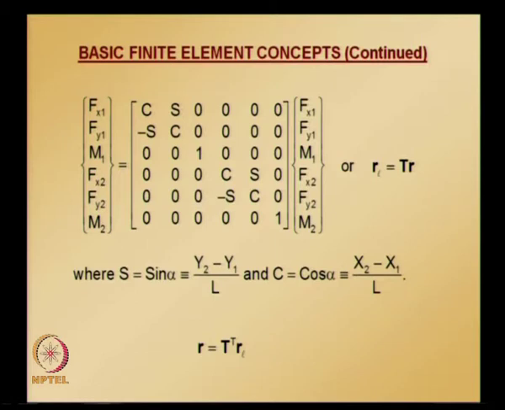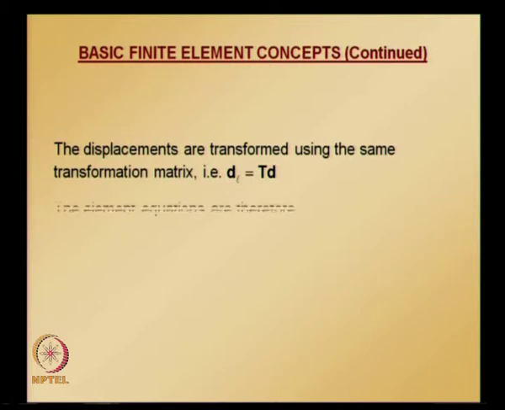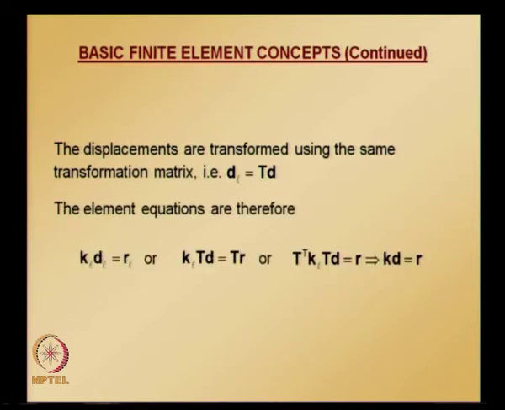Orthogonal matrix is a matrix for which T transpose or inverse is the same as transpose. As I mentioned, displacements are transformed using the same transformation matrix, and the inverse relation, that is D is equal to T transpose DL. Element equations in the local coordinate system can be written as KL DL is equal to RL.